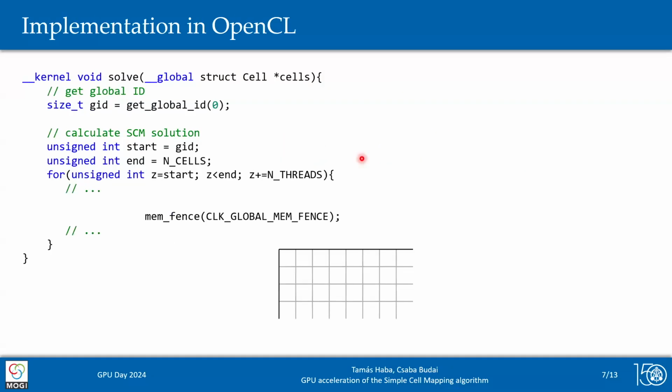The parallel cell mapping algorithm has been implemented in OpenCL, and here are some key details of the implementation. All of the cells, so this big cell array, the cell state space, is stored in global memory.